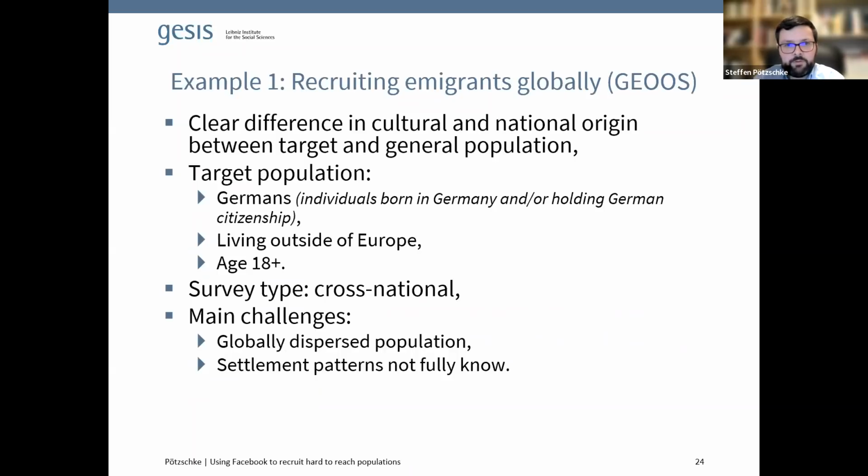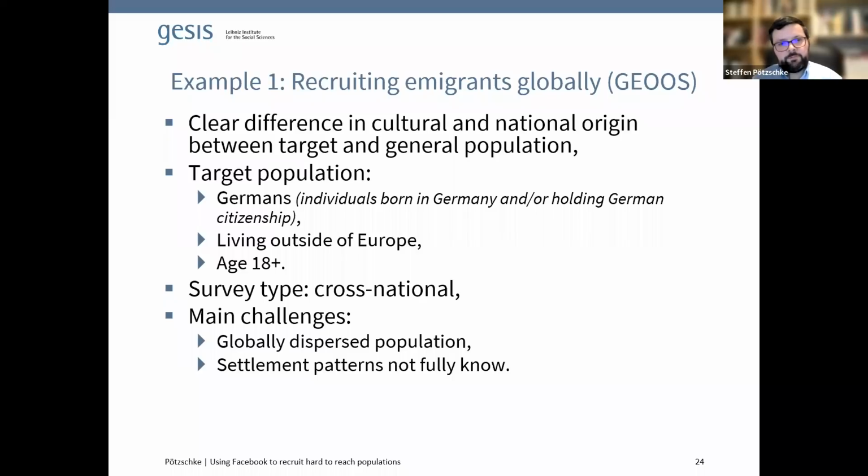first is the recruiting of immigrants, as I said, on a near global level. Here we have a population which clearly differs in cultural and national origin from the general population in the countries these people live in. The target population, more specifically in this research, were Germans living outside of Europe, aged over 18.